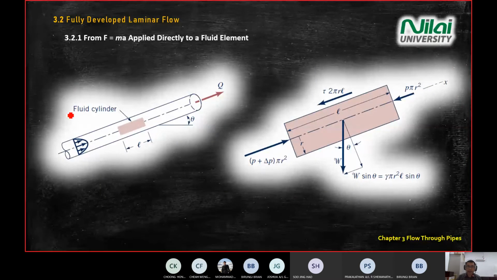Again, for the derivation of the forces that we have here, we use the F equal to ma law, which means we equalize all the forces inside the free body diagram, like what we did to get the Q, to get the delta P and all this.